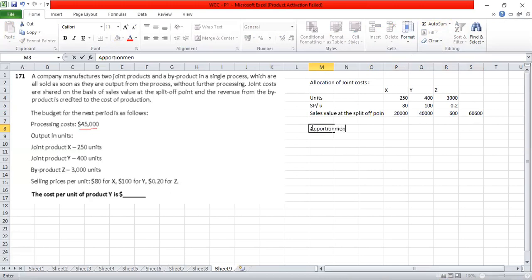Apportionment of joint cost. Joint cost is equal to 45,000 into what is the share of X? X sale price is 20,000 divided by the total sale value of all the three products, taken to be 60,600.